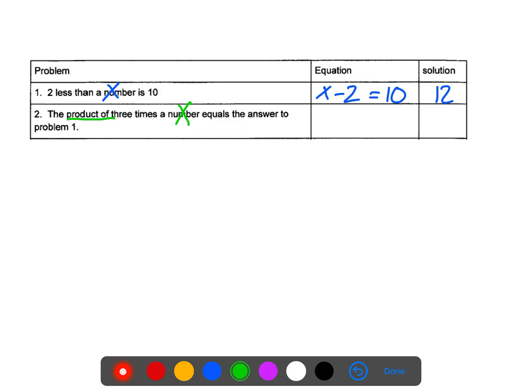So 3 times a number, 3x, equals the solution from before, 12. We'll do the inverse. Instead of multiplying everything by 3, we'll divide by 3, and we'll balance it on each side of the equation. 12 divided by 3 is 4. So x equals 4. And that's going to continue into the next problem.